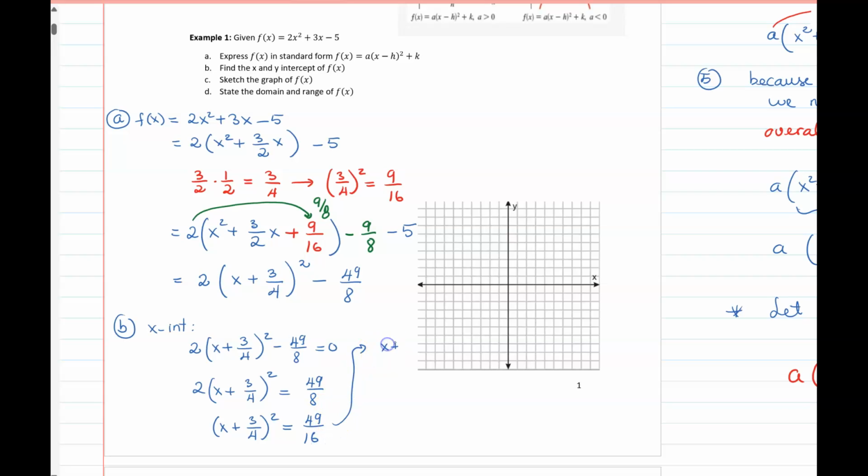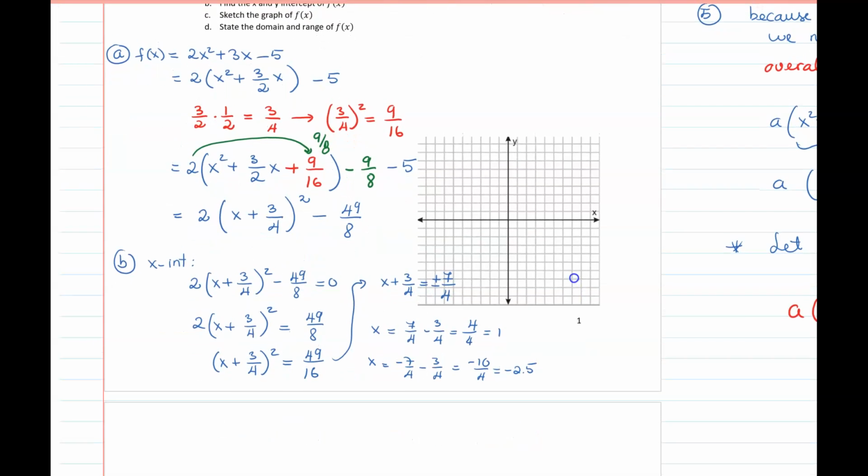This means x plus 3/4 is equal plus or minus 7 over 4. X equal to 7 over 4 minus 3/4, that is 4/4, and this is 1. X equal negative 7/4 minus 3/4. This right here makes negative 10/4. That is negative 2.5.